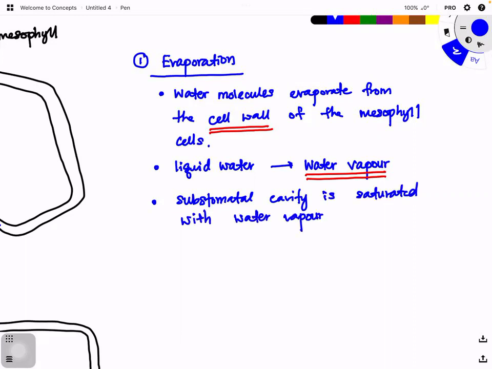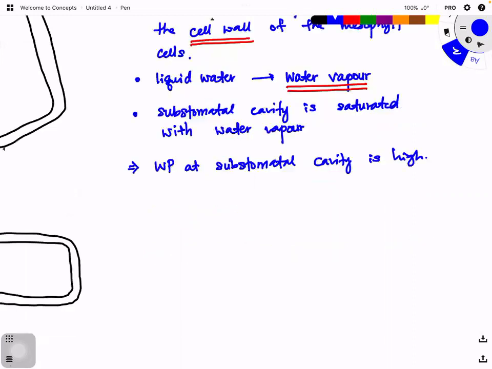The general idea is that the water potential at the substomatal cavity is high because of the accumulation of water vapor.